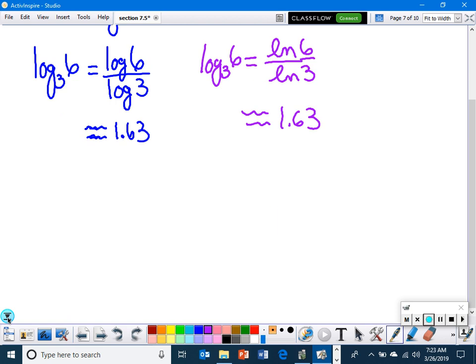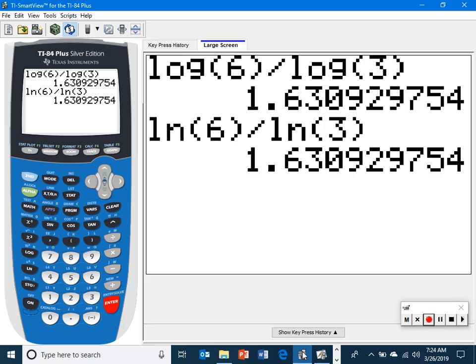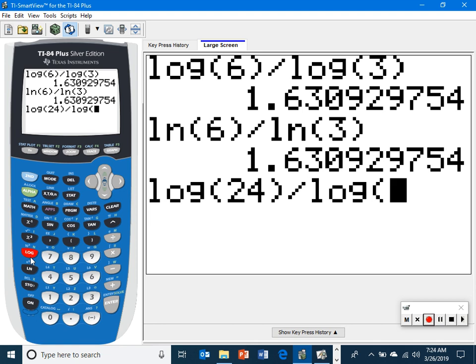Okay, let's just do that one more time. So let's say we have log base 3 of 24. That's the same. So the change of base formula says log of 24 divided by log of 3.